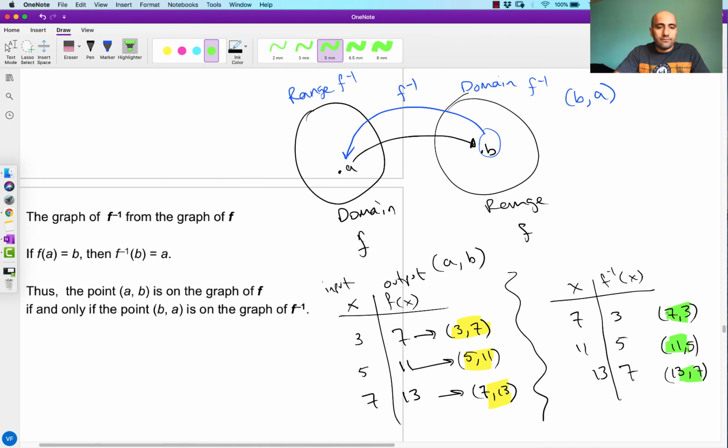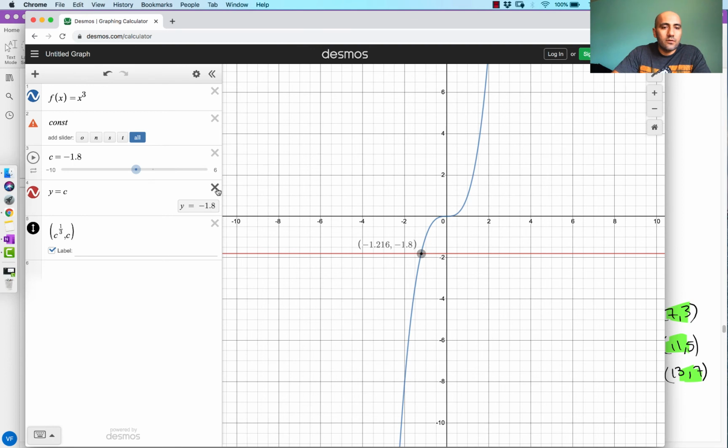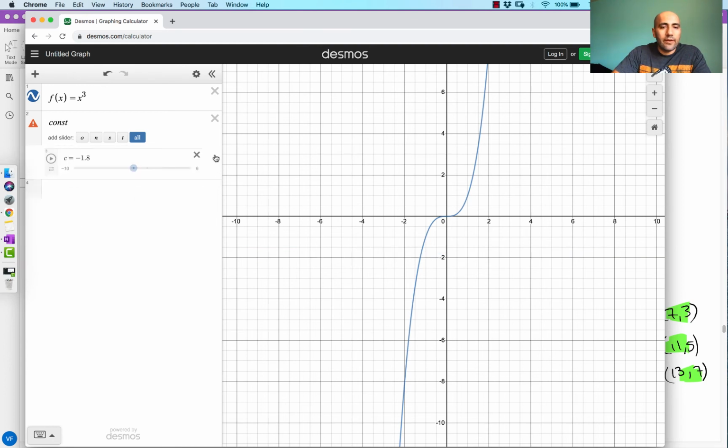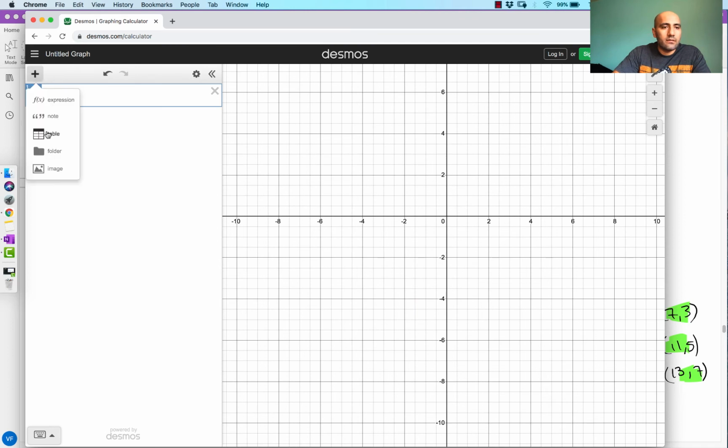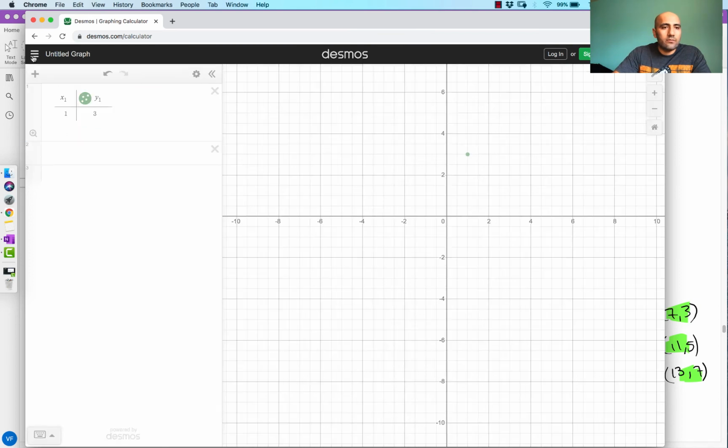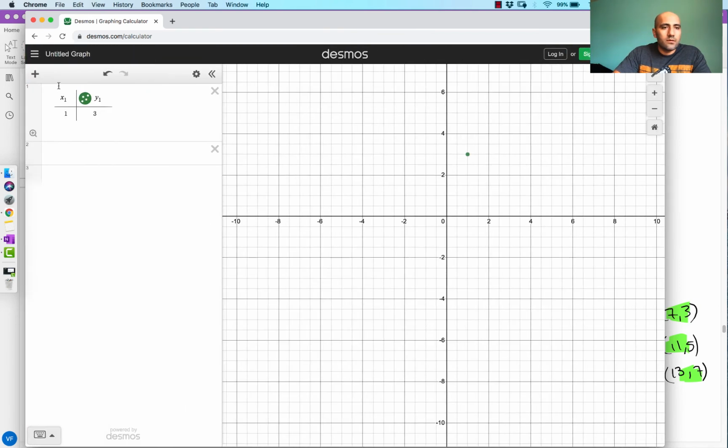So for example, let's go back to Desmos. Let's graph a bunch of ordered pairs. So let's say I had a table of values and it was just 1 and 3. There's an ordered pair right there. And let's say I had another table, which is 3, then 1, like that.